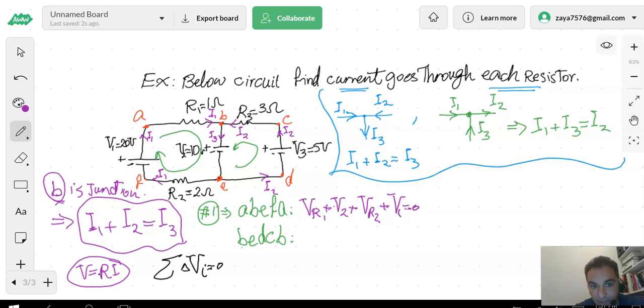So in the first loop, how many components do I have? 1, 2, 3, 4. As I said, total voltage is 0. So the voltage of R1 plus voltage of the second component, which is battery, plus the voltage of third component, which is R2, plus the voltage of the fourth component, which is battery, is 0.